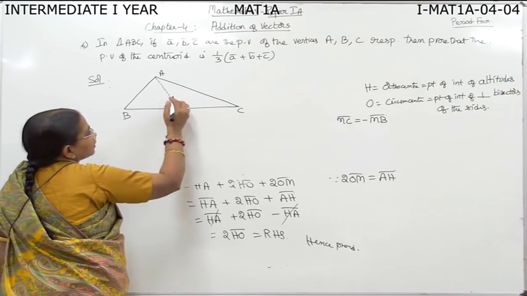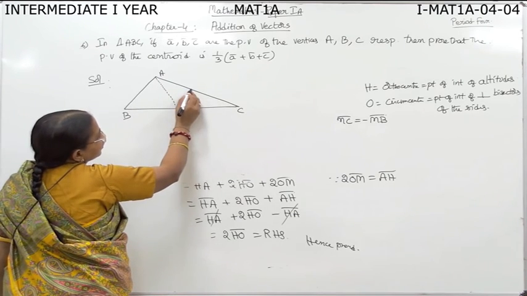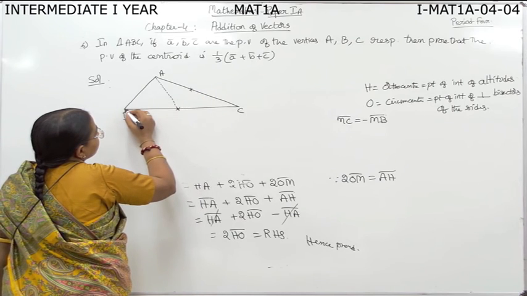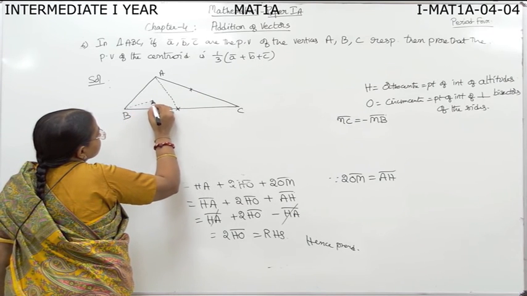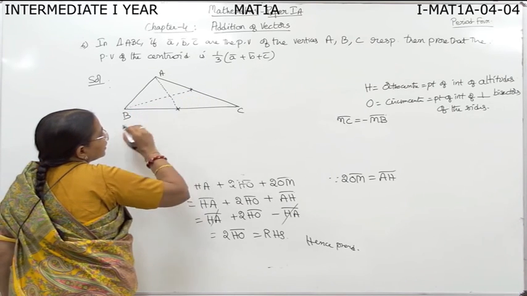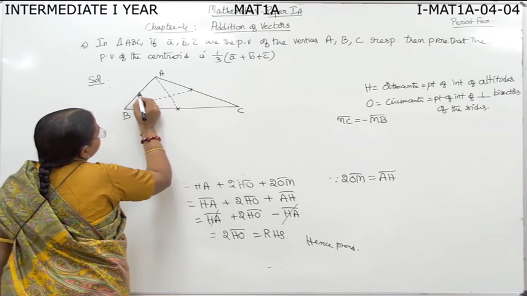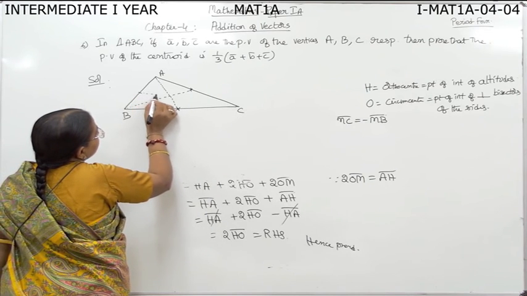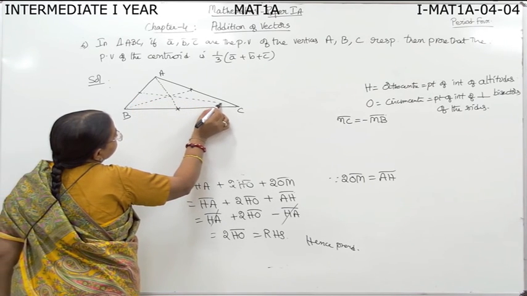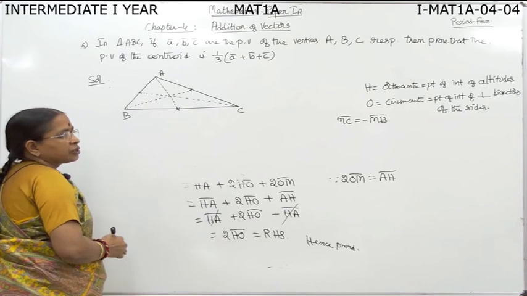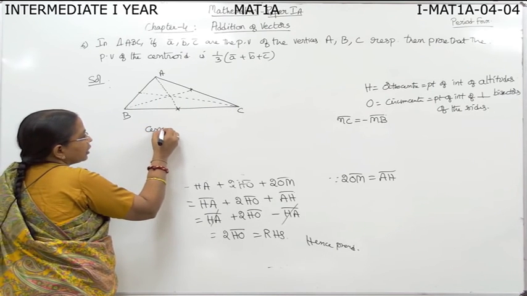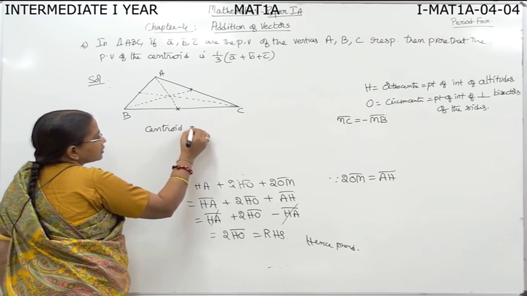So this is the median. Again, take the midpoint here and join the opposite vertex. So this is another median, and then again a midpoint here and join. So the centroid is the point of intersection of the medians.